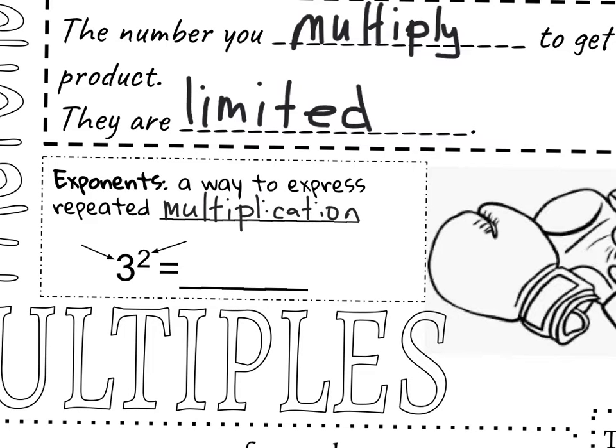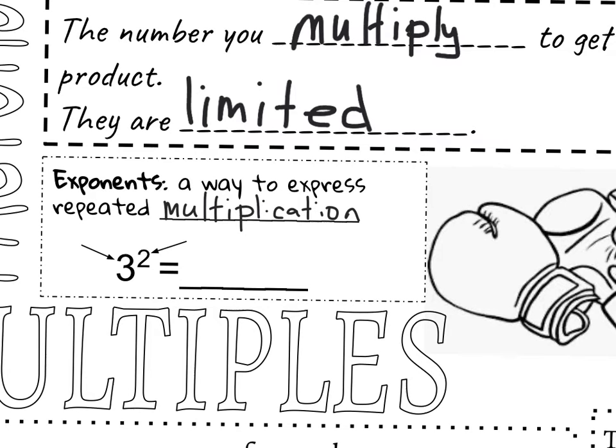Because if you think about it, multiplication is really groups of a number. So when I say 2 times 3, I'm really saying two groups of 3. So instead of adding 3 plus 3, I can just multiply. Exponents work the same way, except it's a shortcut for multiplication that's being repeated.